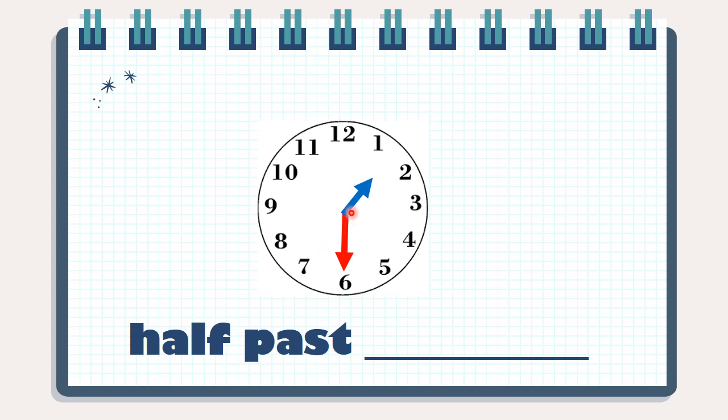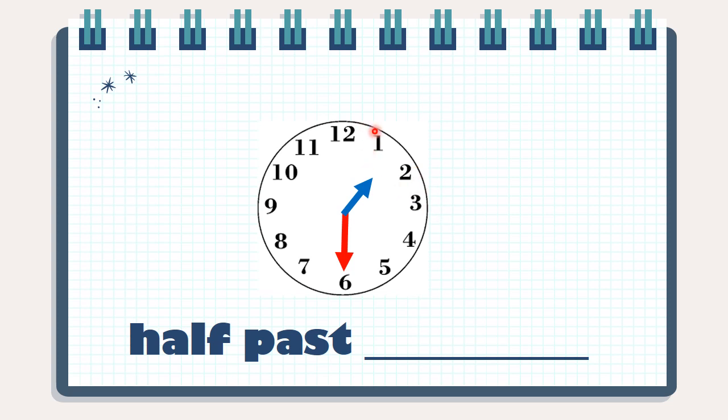Now we look at the long hand. It is at number 6. Just now the long hand was at number 12, but now it's at number 6. If the long hand is at number 6, we should use half past. So what should we write here? Which number?